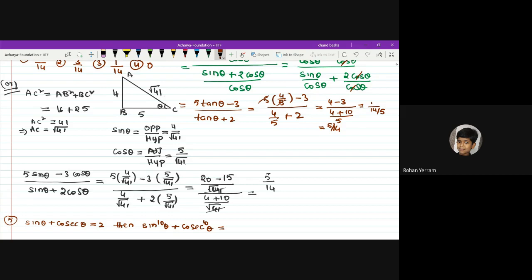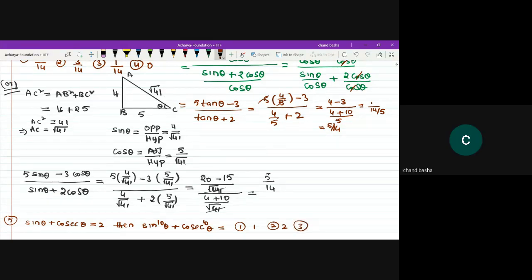Sine theta plus cosecant theta is equal to 2. Then find the value of sine power 10 theta plus cosecant power 10 theta. Sir, is the answer 2 power 10?